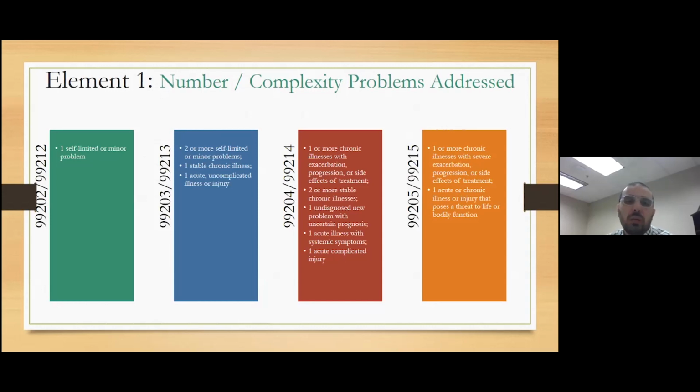In level 3, you need 2 or more self-limited minor illnesses or 1 stable chronic illness, like they have hypothyroidism on treatment, on the same thyroid medication for years, no side effects, no change. If you just did that, it's level 3 already.